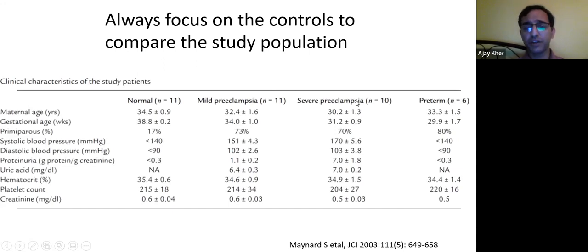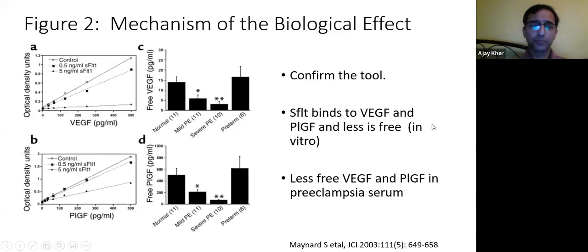In severe preeclampsia, they have much higher blood pressures, much higher proteinuria, and a higher uric acid as well. They deliver at a much earlier gestation, which is 31 weeks. To match the 31-week gestation, they took 6 preterms, which are 30 weeks. The other clinical parameters, because they don't have preeclampsia, are normal, but the gestation is similar.